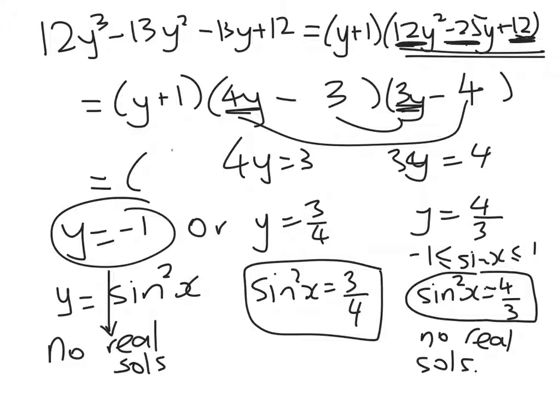So what we've got to go with is, what are the solutions to this equation here? Sine squared of x equals 3/4. So you can see we've done all of the hard work. So let's now look at getting back to solutions for x. We've got our 3 solutions for y, and now our solutions for x are that sine squared x equals 3/4.